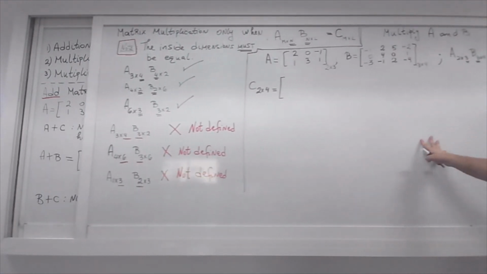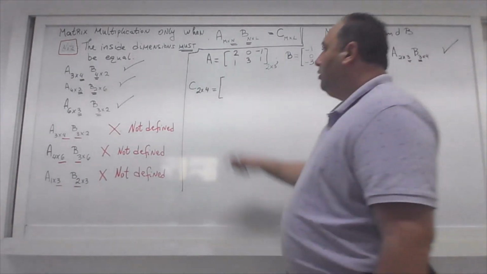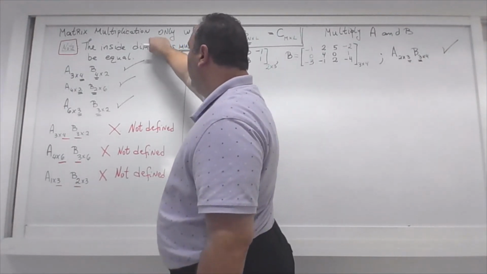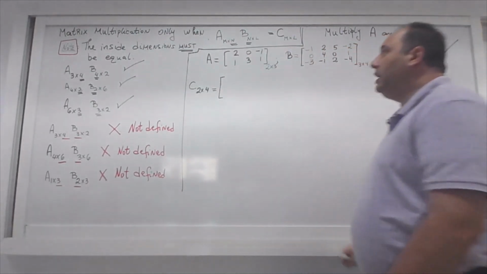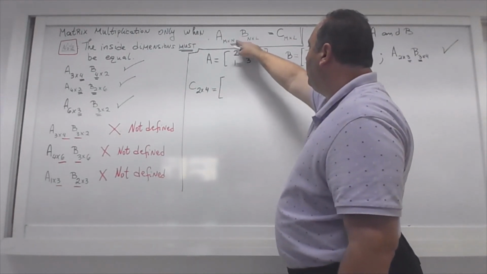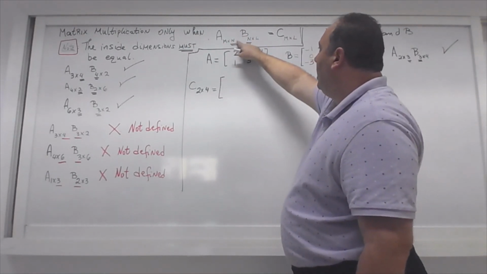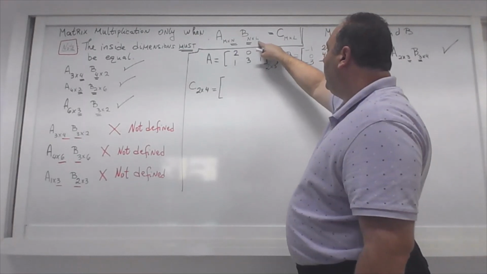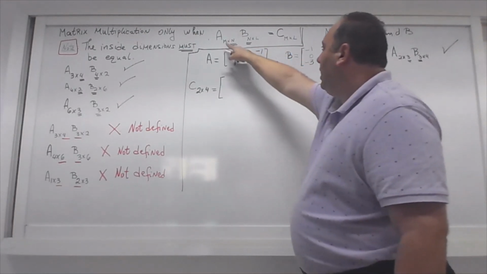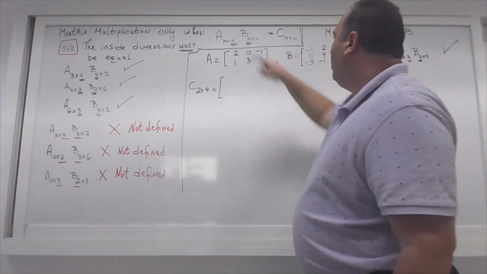Now the last operation is matrix multiplication, and this one we need to be a little bit more careful. First thing to realize is that if I want to multiply two matrices A and B, I can do it if and only if the inside dimensions fit. So here I have matrix A, M by N, and B is N by L. M can be any whole number, and L also, doesn't matter.